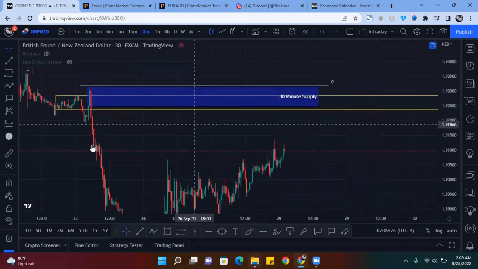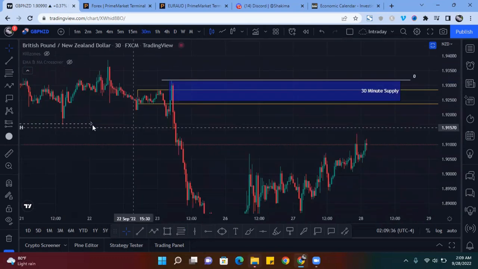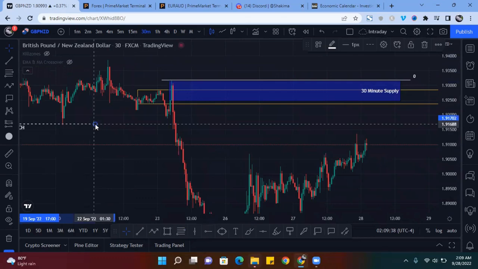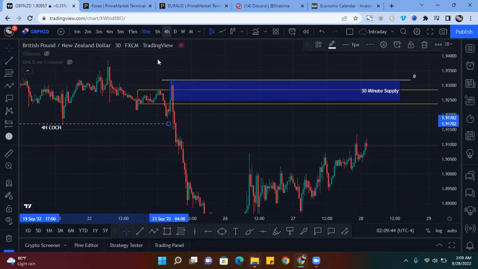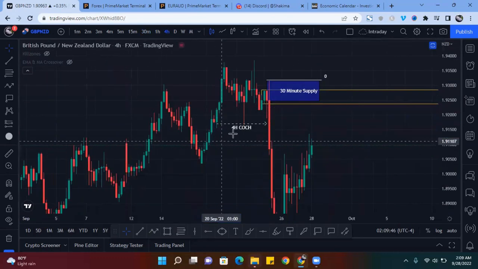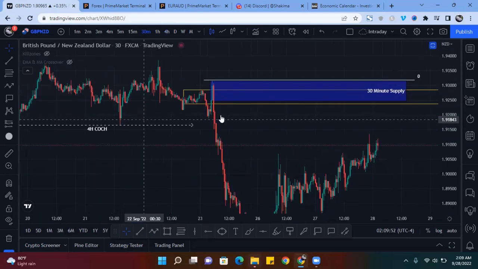And in this case, you can see that it still has not taken all of the external liquidity up top, the footprint that's up top. Inside of your higher time frame point of interest, it actually took liquidity. And if you draw this over to the right, you can see this is that 4-hour change of character, but just on a 30-minute time frame, right?